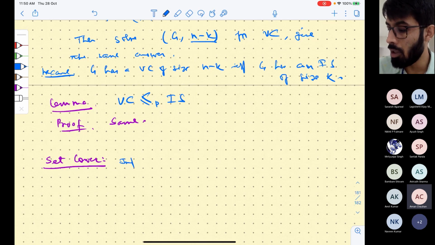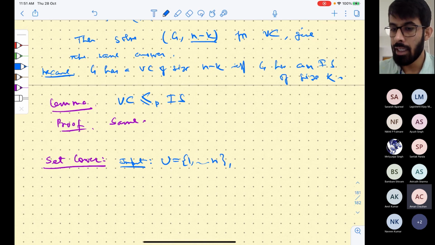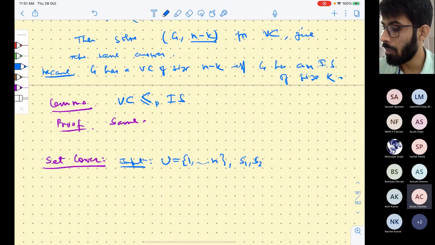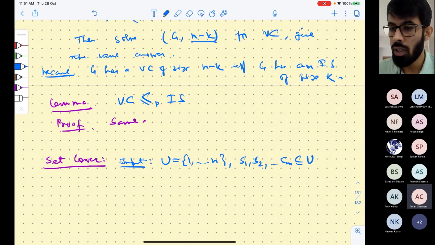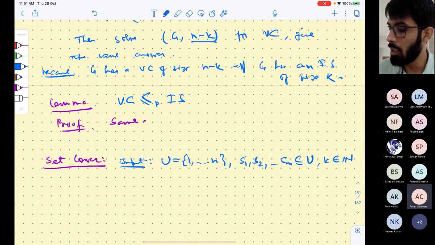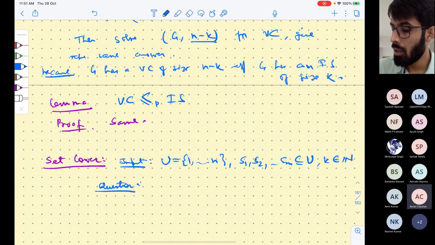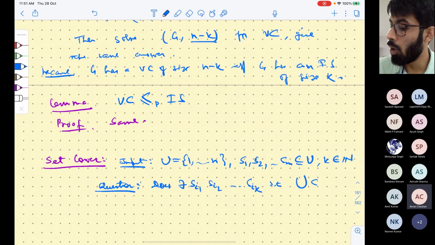generalization of vertex cover. So what is the input? Input is a universe U, which has n elements, and some m sets, S1 to Sm, which are subsets of U, and you are given k as an integer. The question is, can you find k sets, say Si1, Si2, up to Sik, such that the union of all of these is equal to U, the universe?